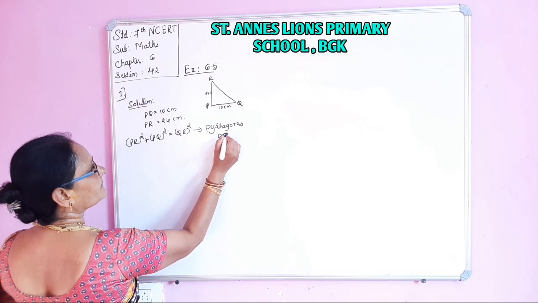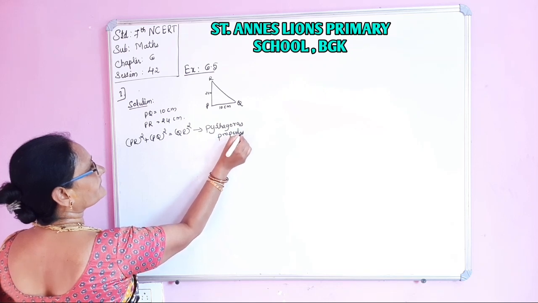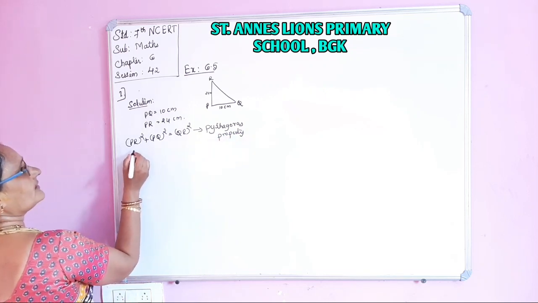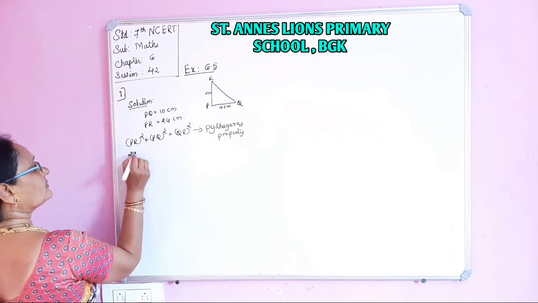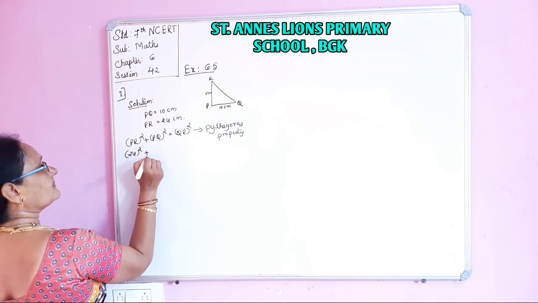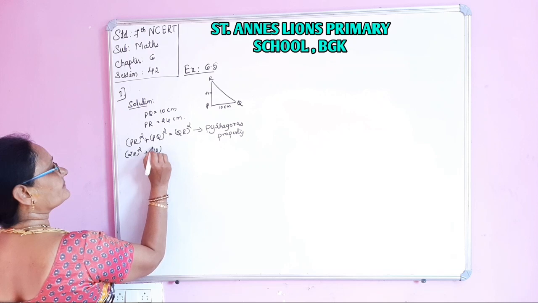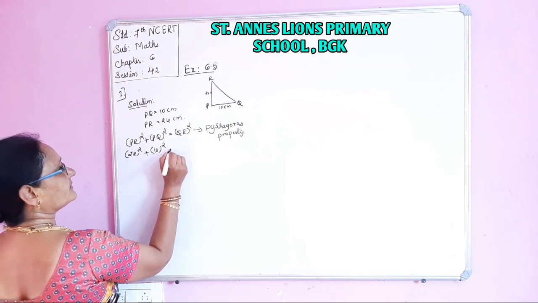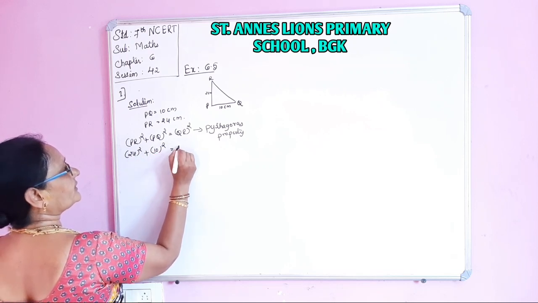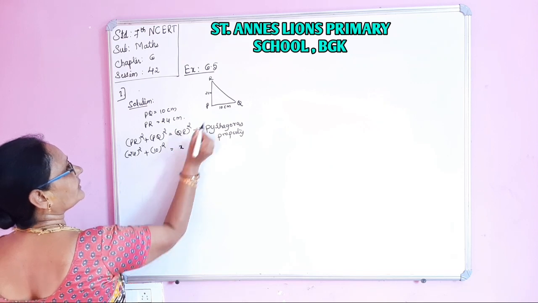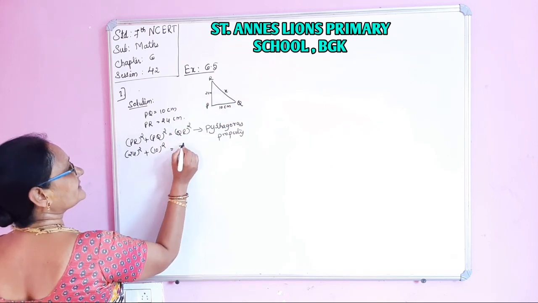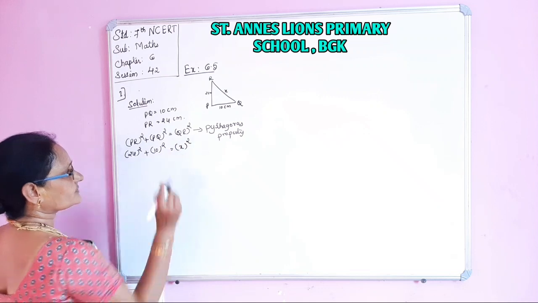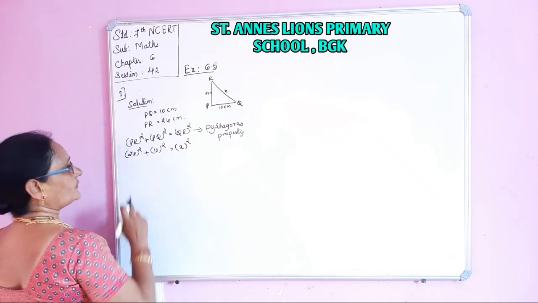What is PR? How much is given? 24 square plus PQ is 10 square. This we don't know, we have to find out. That we will take as X. X square. Now 24 square.